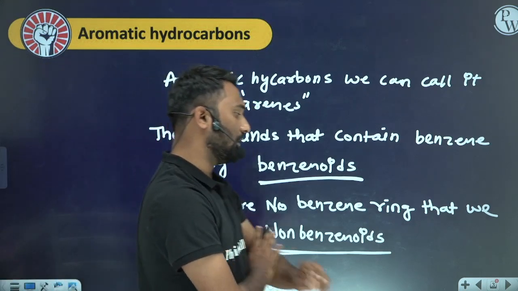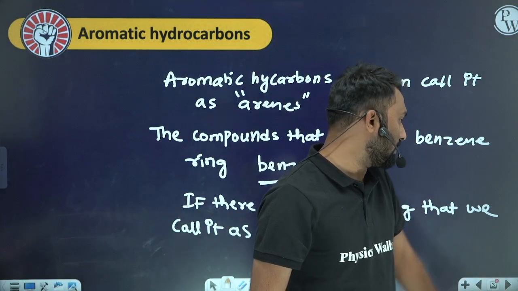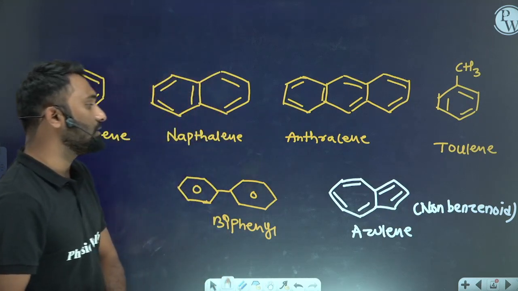Now we will see some examples of benzenoids and some examples of non-benzenoids.